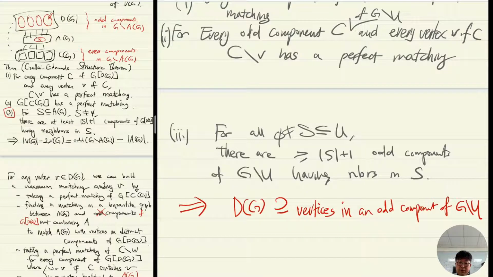And moreover, this already implies that this thing is true. The number of vertices minus twice nu is equal to the number of odd components of G delete U minus |U|.